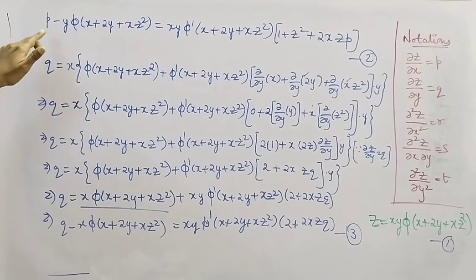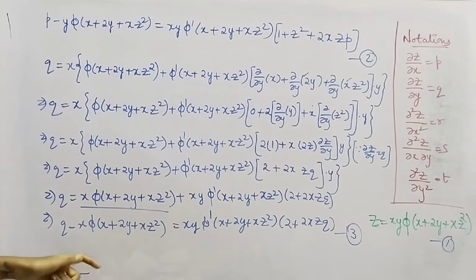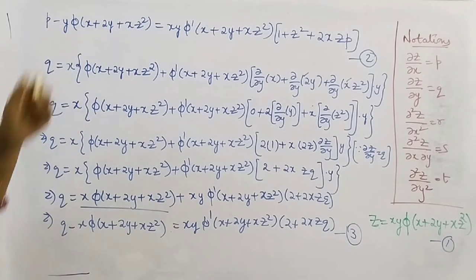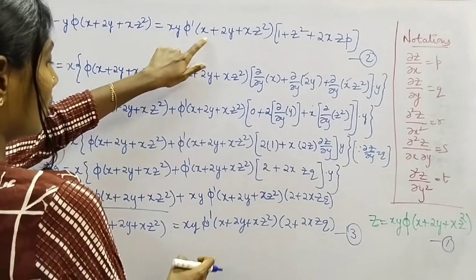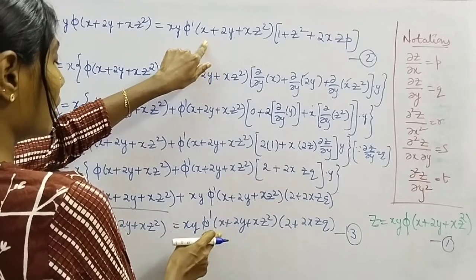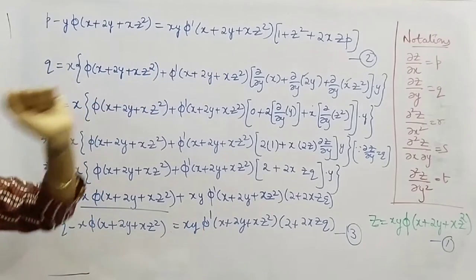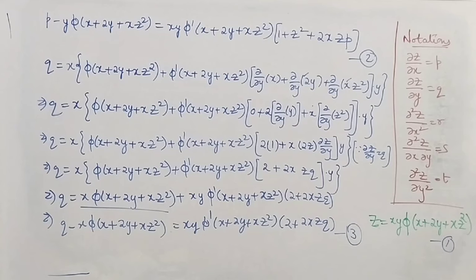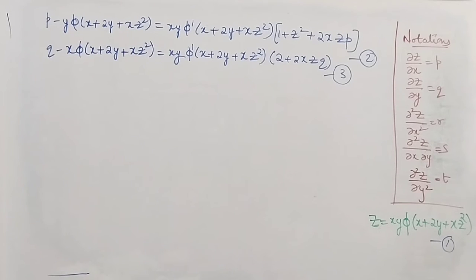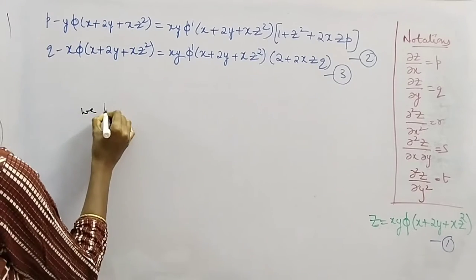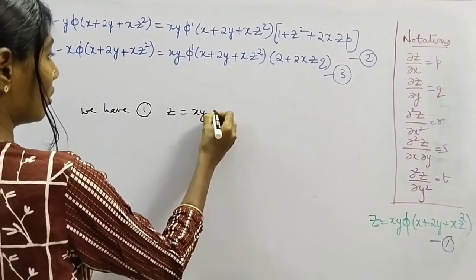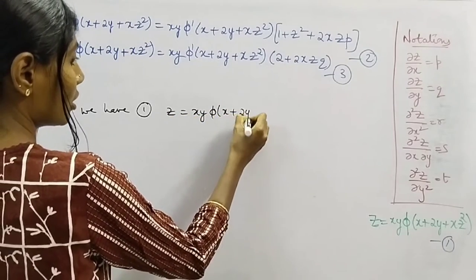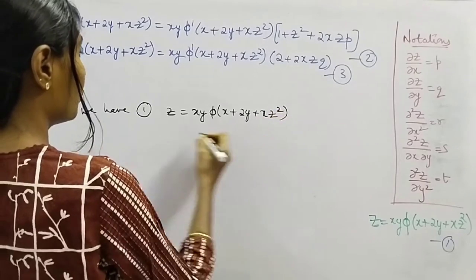Now we have equation 2 and equation 3. We'll replace phi using equation 1 and also we'll eliminate 2 and phi dash using 2 by 3. Let's see that. Fine, now we have equation 1, that is z equal to xy into phi of x plus 2y plus xz square, right?